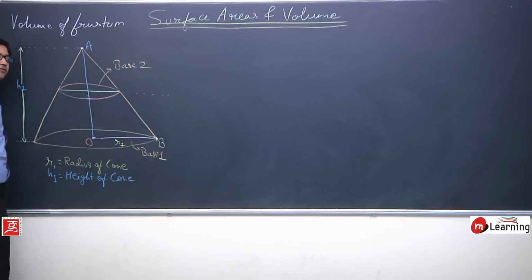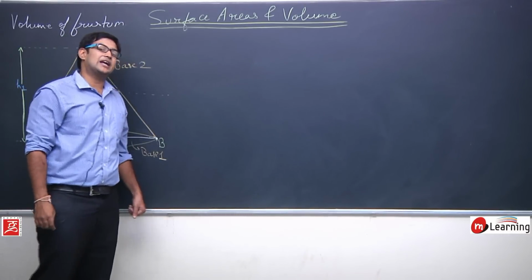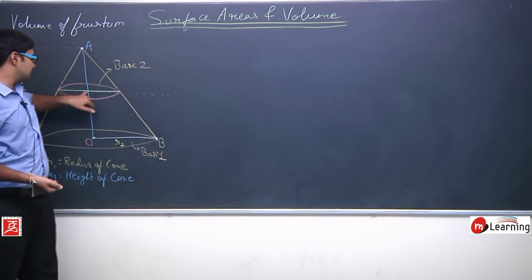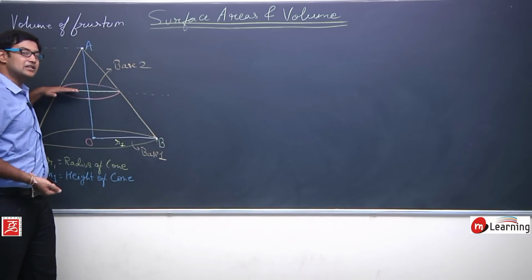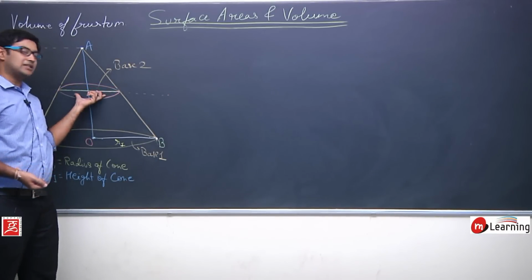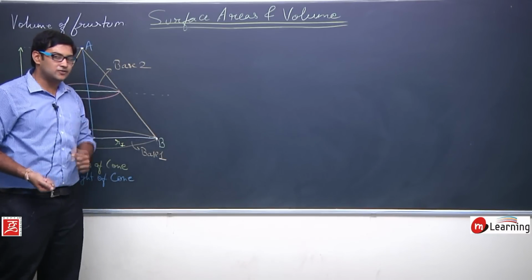Now after this, as I have cut this cone from this part, what will be the height of the frustum? What will be known as the height of the frustum? I can see that this green line represents the line from which this cone is cut. So this becomes the base. So the distance between the two bases is defined as the height of the frustum.